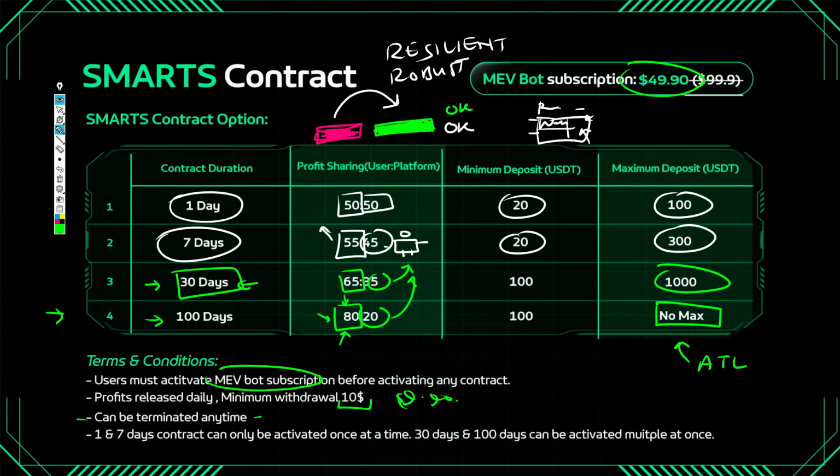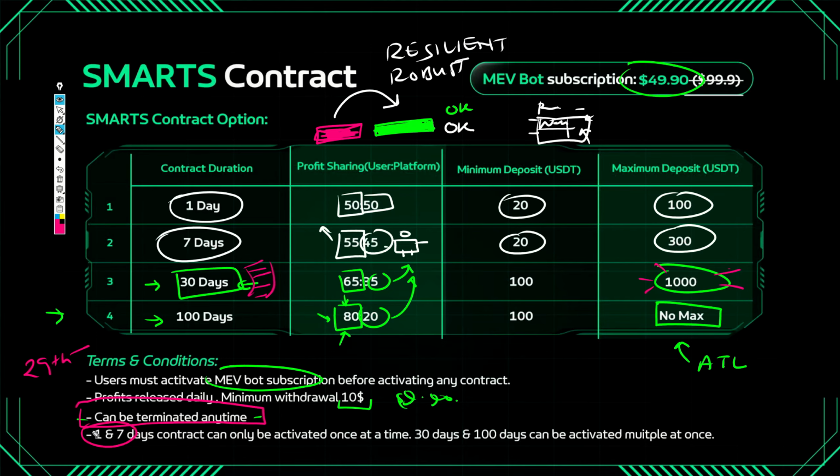Remember this though: if you turn it to a 30 day contract, on the 29th day you get your principal, your $1,000 is released to you, but unfortunately you forfeit all the profits you got whilst the contract was rolling. So don't terminate the contract. It's not a benefit to you. If you want to terminate the contract anytime, it is available, but remember, you will lose the profits.